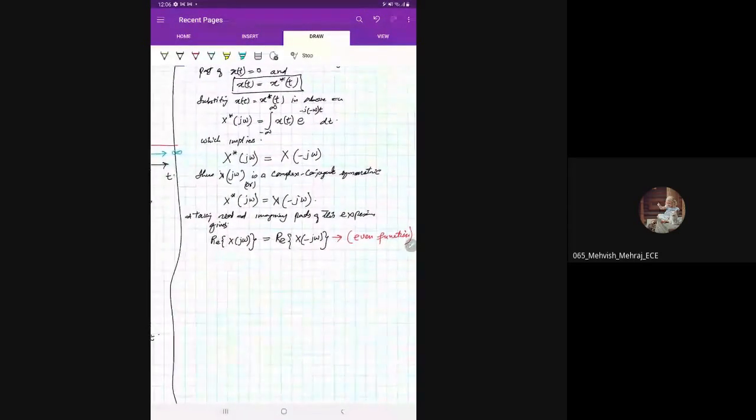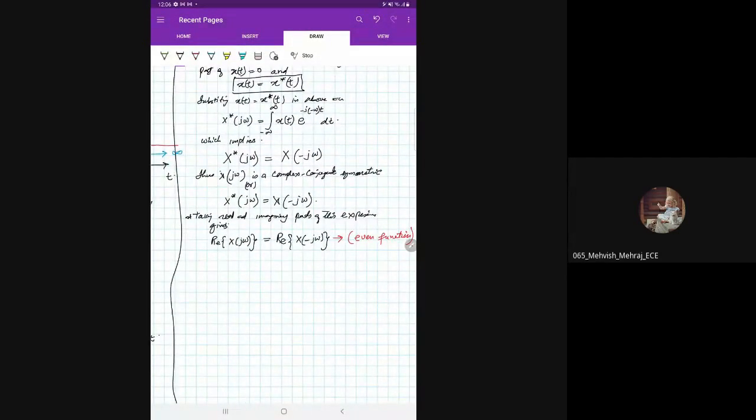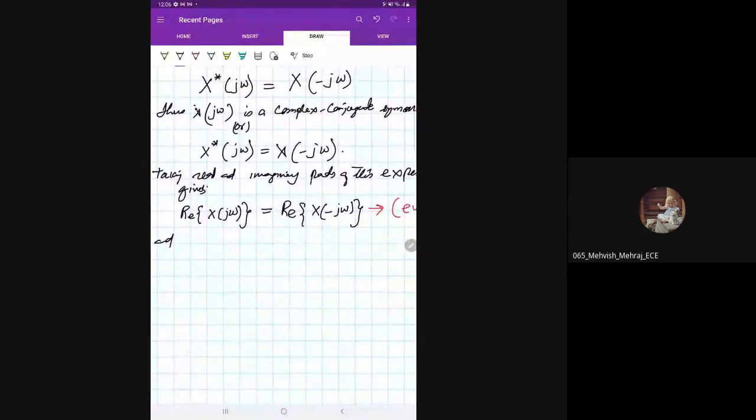And what about the imaginary part from this conclusion? Imaginary part of the expression x of j omega is equal to minus times the imaginary part of x of minus j omega. And what does that mean?